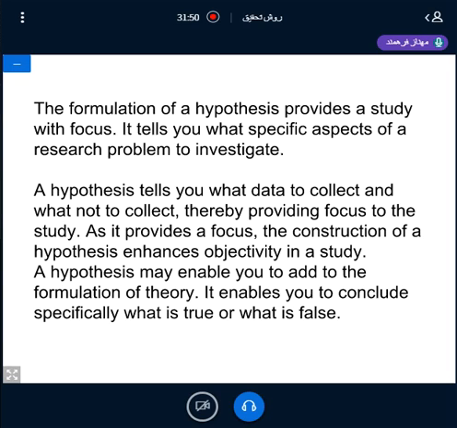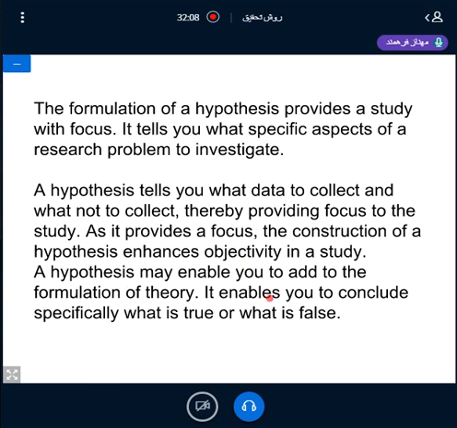and locate in the research. So as it provides a focus, the construction of a hypothesis enhances objectivity in a study.